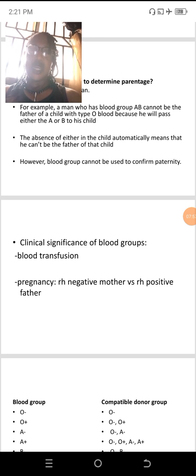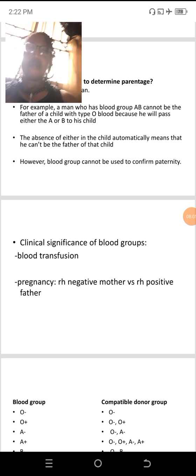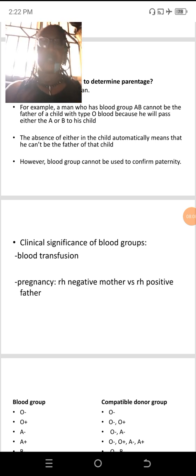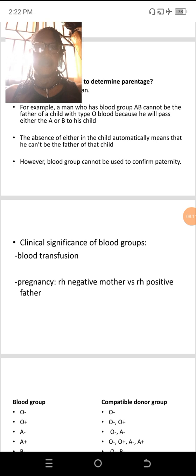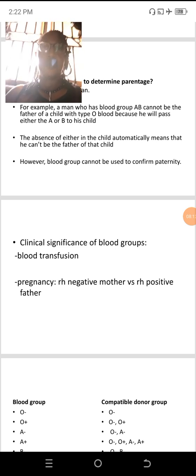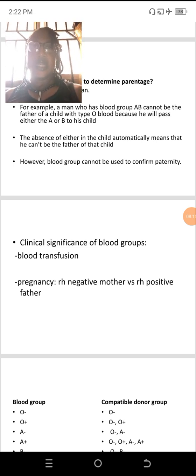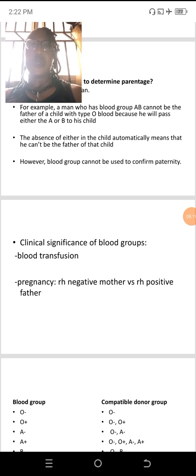There are some women that are rhesus negative. And the problem with rhesus negative mothers is that if they marry a man that is rhesus positive, it is possible that the baby inside the womb could be rhesus positive also.